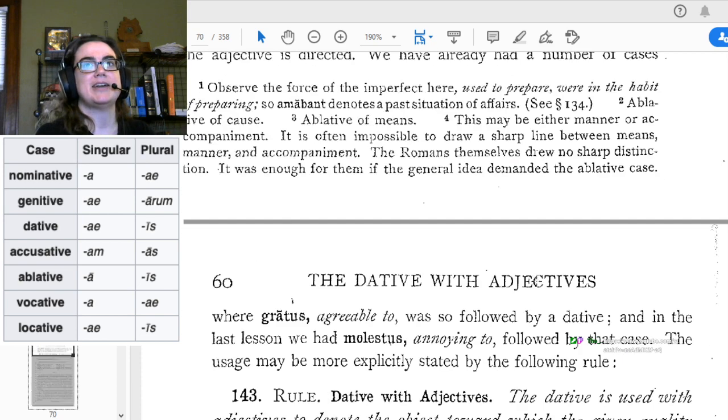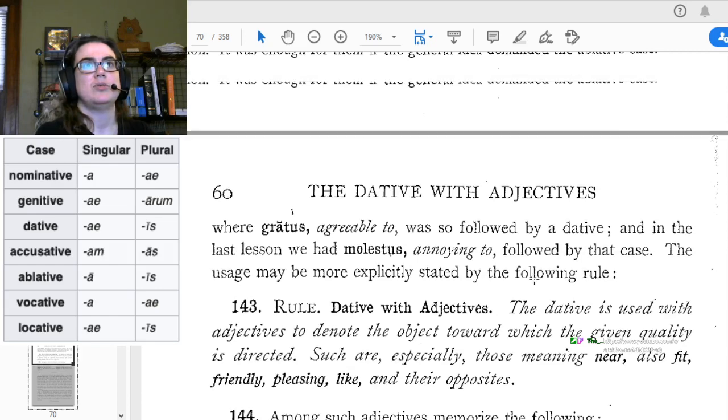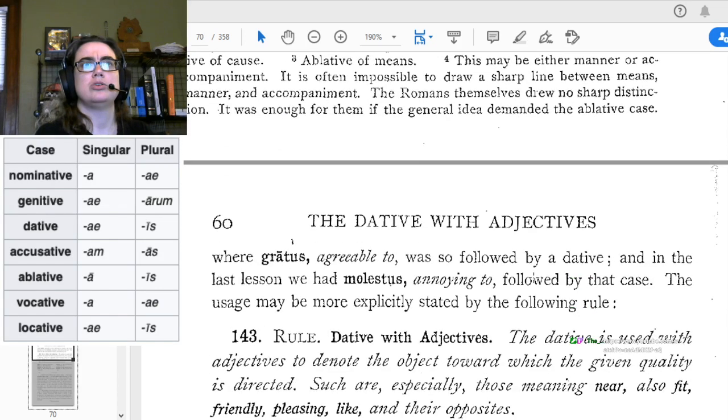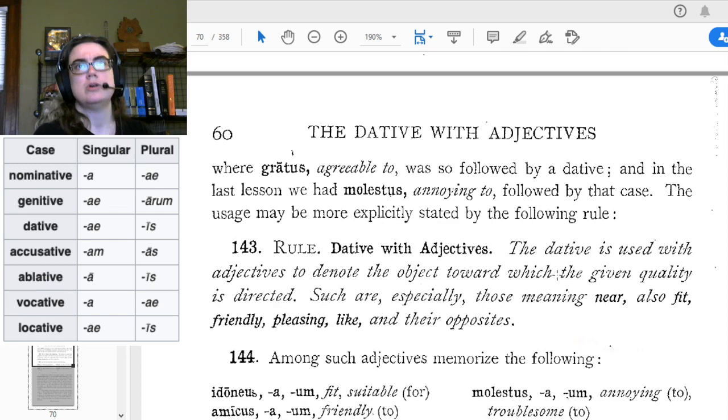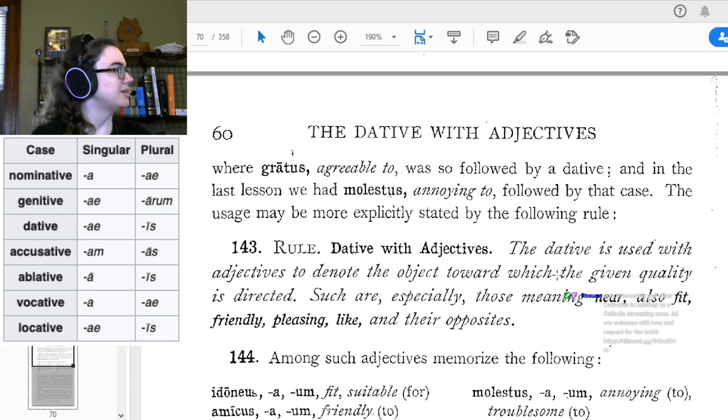We have already had a number of cases where gratus, agreeable to, was followed by a dative. So, Punch est gratus mihi. Punch is agreeable to me. Right?